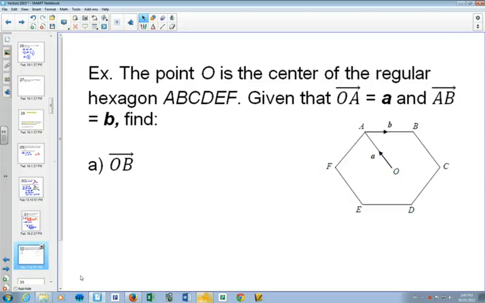Through what we're doing in IT right now, I'm thinking through the ABCD. So we've got a hexagon and we're given two vectors, a vector A and a vector B. How would you get from O to B?